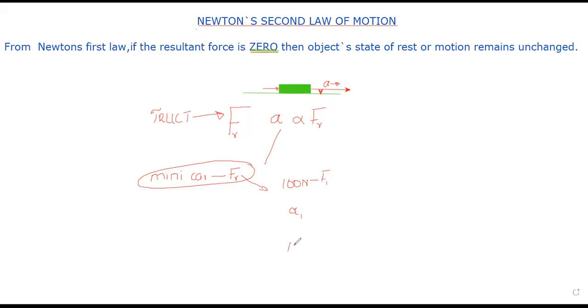But now, if F1 is increased to 100,000 Newton, we expect acceleration that will be far greater than acceleration number 1, because the force here has been increased.